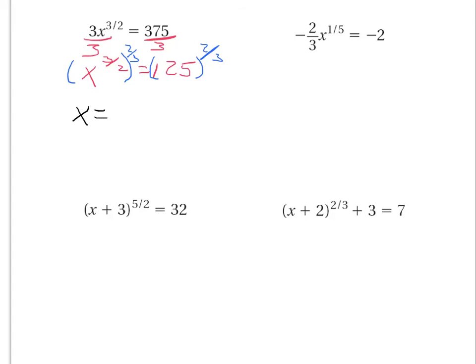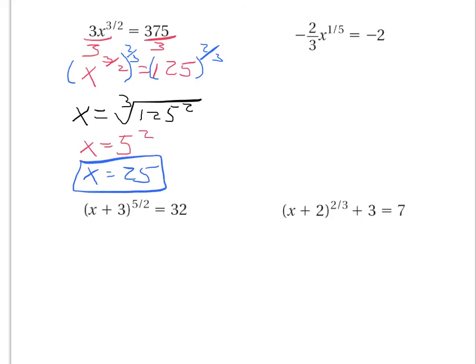And on the right side, 125 to the 2/3 power means the third root of 125 to the second. So now we're basically right back to the beginning of this chapter where we were working with these rational exponents. It doesn't matter which one you do first. I am going to do the third root of 125 first, and that is going to be 5. So now I have 5 to the second, which is 25. So there is that one.